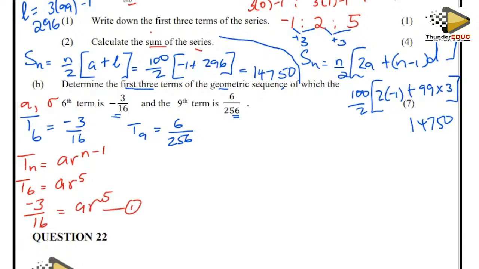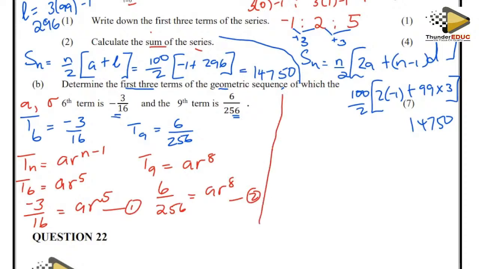Then I'll go do the same thing with T9. So T9 will be given as AR to the exponent of 8. Where there is T9, I'll substitute the 6 over 256 is equal to AR to the exponent of 8. I'll call this equation number 2. Then whenever we have a geometric, we normally prefer to use division to eliminate one of the unknowns.